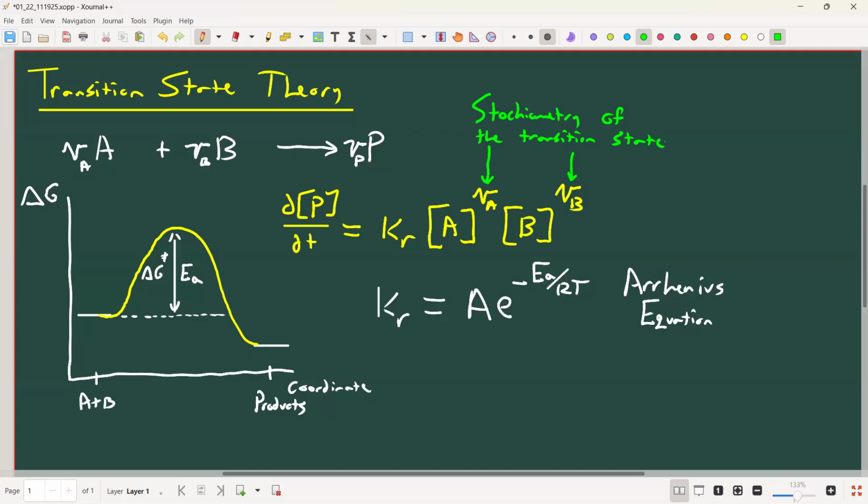Because if you have a reaction like this, where you have A and B coming together, you can think that the chances that the system gets to react is proportional to the number of times A and B meet together and collide. And so obviously, if you have some volume with some A and B in it, if you have more A and more B, your density is higher, then there are probably more collisions happening.